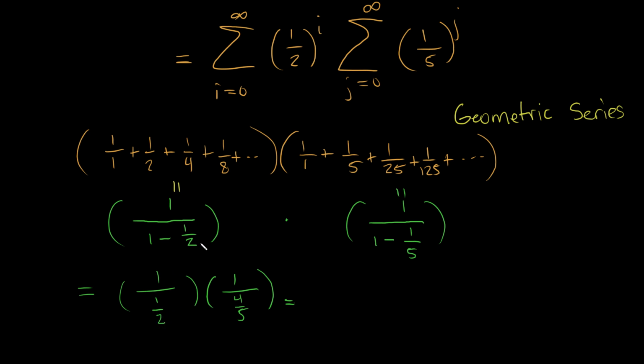This 2 is just going to come up to the top, so this is equal to 2 times, and then the 5 comes up to the top and the 4 stays down, and then the 2 and the 4 partially cancel out, so you're left with 5 divided by 2, not 4. 5 divided by 2. The answer to such a crazy question is 5 divided by 2, because we live in base 10.